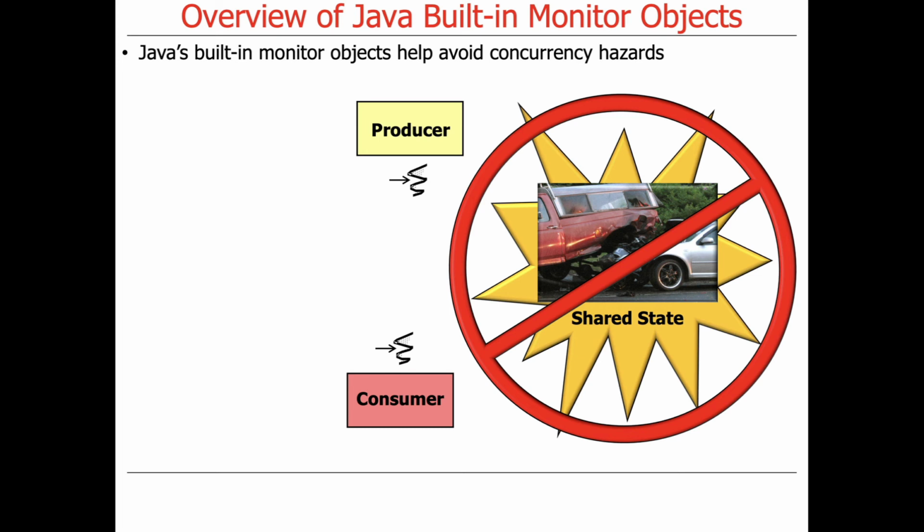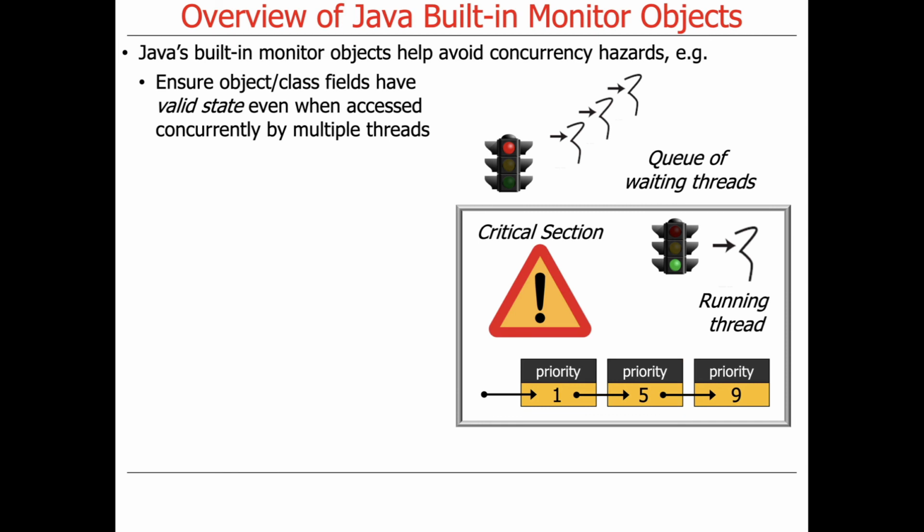Java built-in monitor objects were put in there at the beginning of time, Java time that is, to help avoid concurrency hazards between producer and consumer threads. Basically they're used to ensure that fields in objects, or in classes if they're static, have valid state even when that state is accessed concurrently by multiple threads.